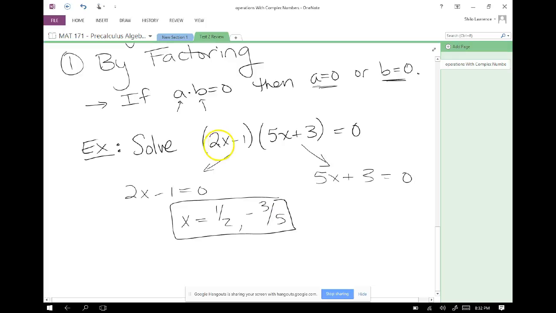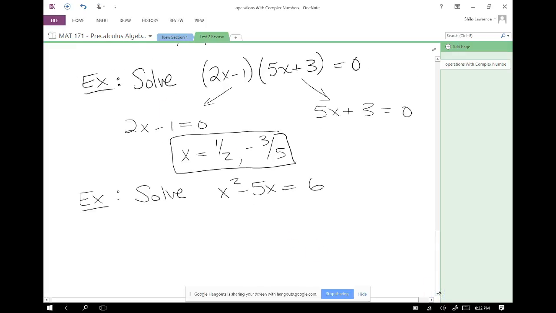So to start one of these problems from scratch, we would usually have to do the factoring all by ourselves. So if we were told that we wanted to solve x squared minus 5x equals 6, if you didn't immediately see how to factor that, you probably don't want to waste 5 minutes trying to figure out how to factor it, because there are other ways to solve quadratic equations that don't take as long if you're not good at factoring.